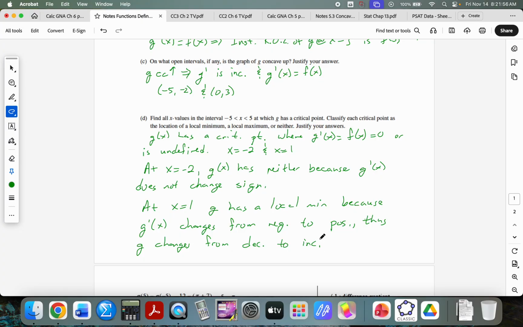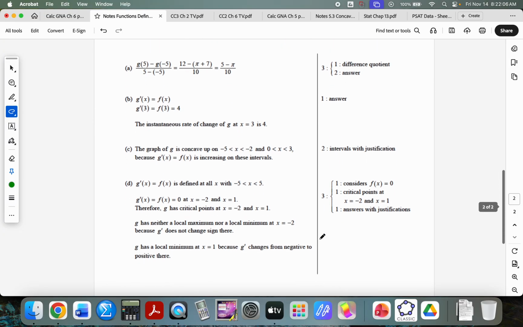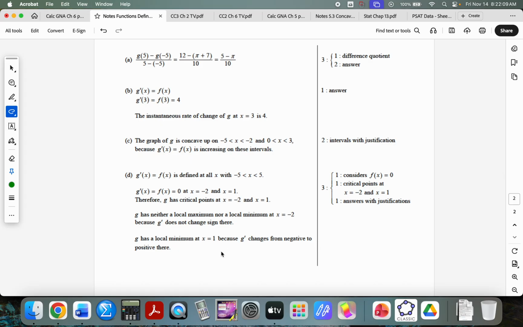You don't have to say that last part, but I think it's a good idea to. You're making it really clear that you know what you're talking about. All right, let's see. G has neither because g prime does not change sign. G has a local minimum because g prime changes from negative to positive.